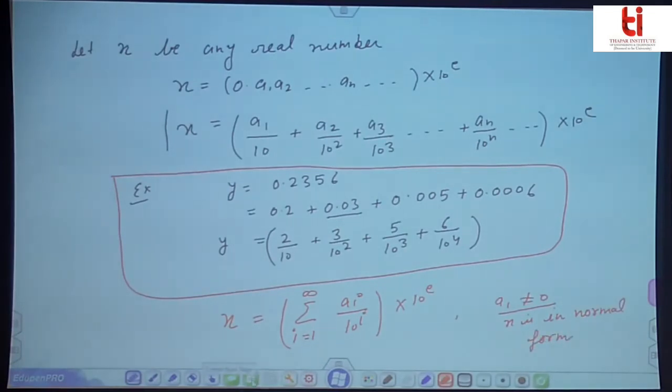Now we can write x as the summation of ai upon 10 raised to power i, times 10 raised to power e, i equal to 1 to n. Then what will fl(x) be?